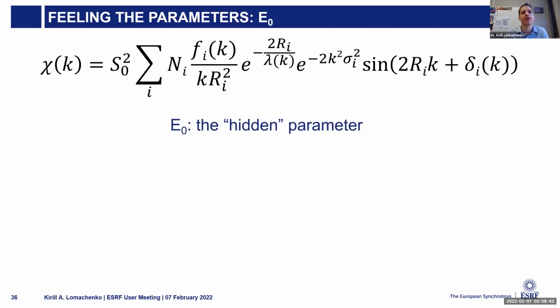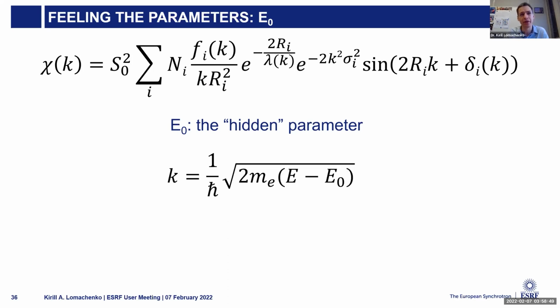So let's have a look at E0. The hidden parameter, it's not present in the EXAFS equation. You remember that to get to the k domain, we had to use E0, the onset of the edge energy, to convert between the energy scale of the photon and the wave number scale of the photoelectron.